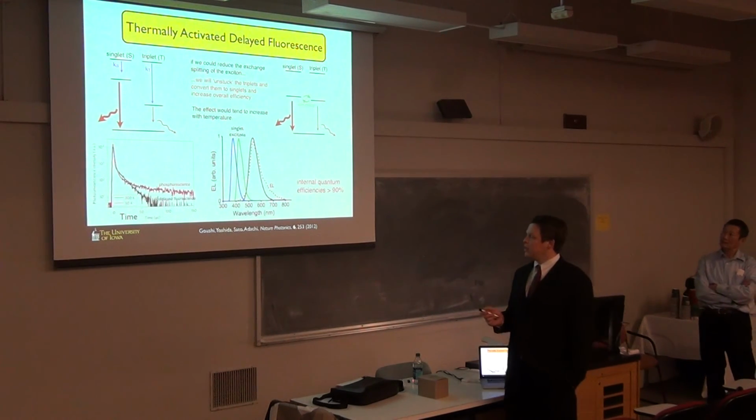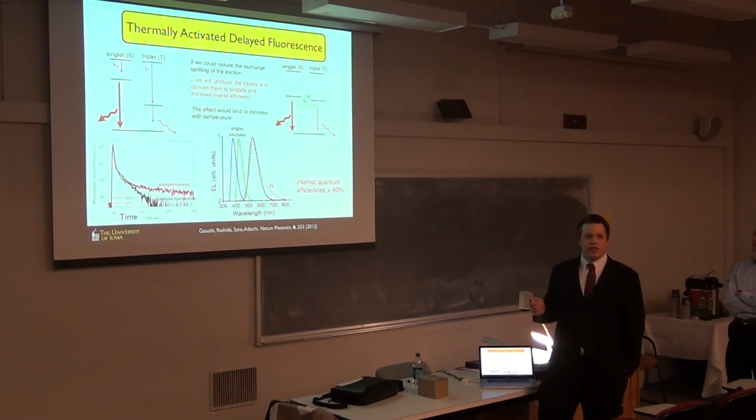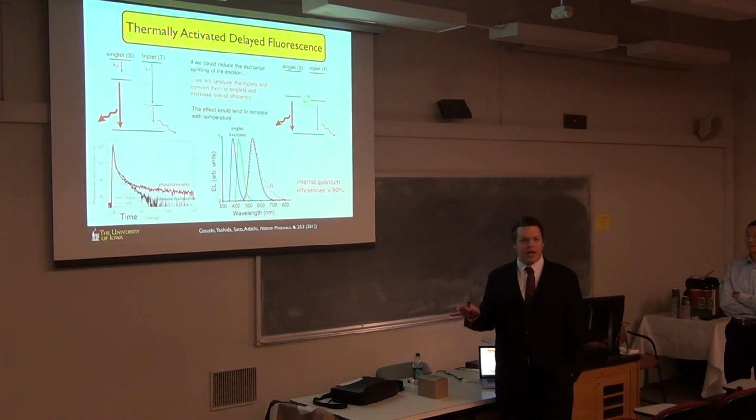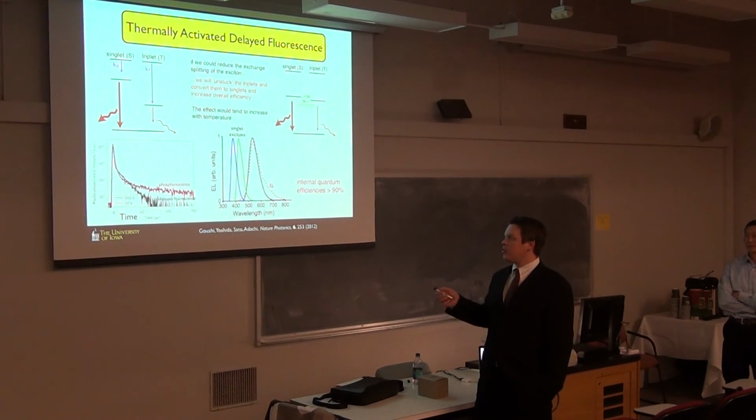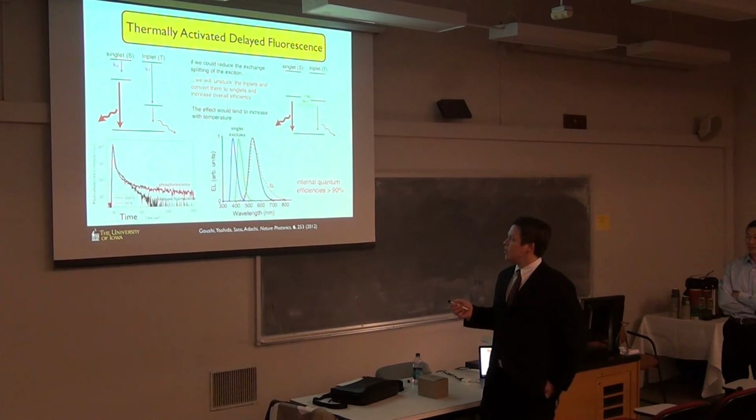You can tell this is a very long-lived state, and these are the triplets because they're essentially not decaying. We want this to be fast because we want fast emission out of these OLEDs. So the red is very slow, and that's a negative. And the black, at 300 Kelvin, is much more rapid.